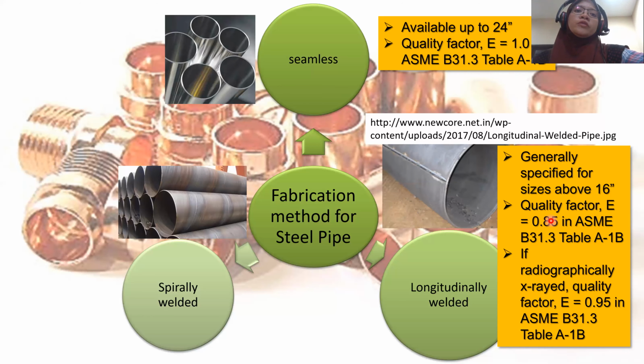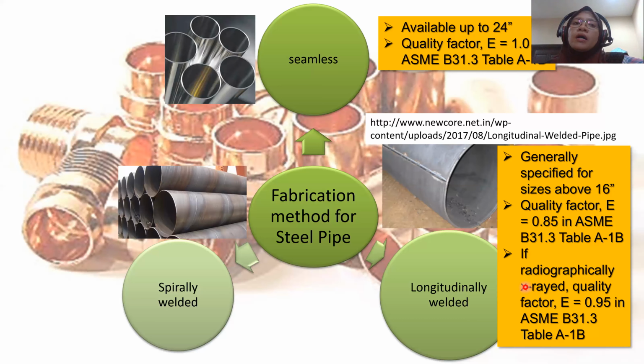Longitudinal welded pipe is commonly specified for pipe size above 16 inch, but smaller sizes are also available. Its quality factor is 0.85 in ASME B31.3 table A1B.